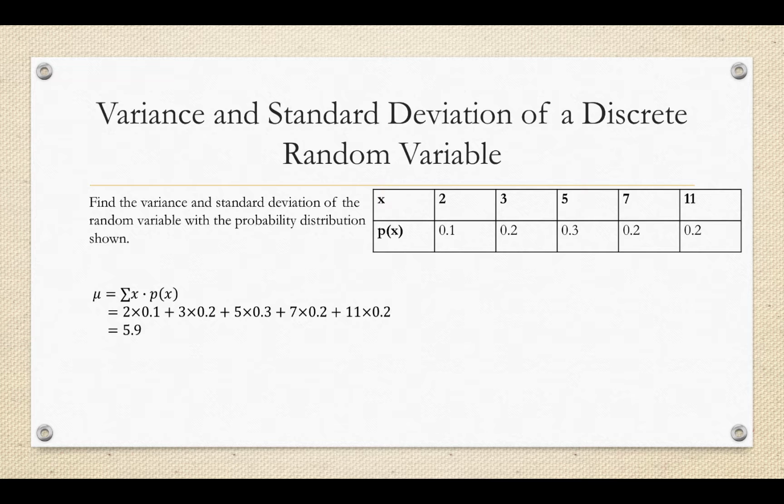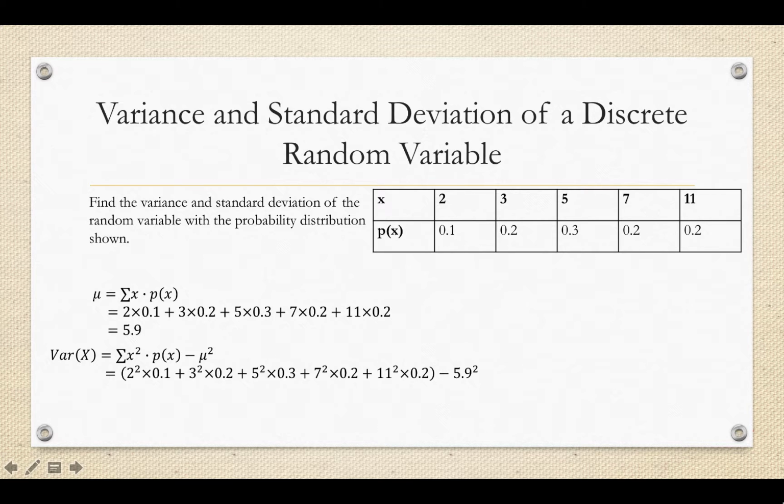Now that we have that, we can use that to work out our variance. So the variance of x is equal to the sum of x squared times the probability of x minus the expected value squared. When we substitute those values in, this is the sum that we get.